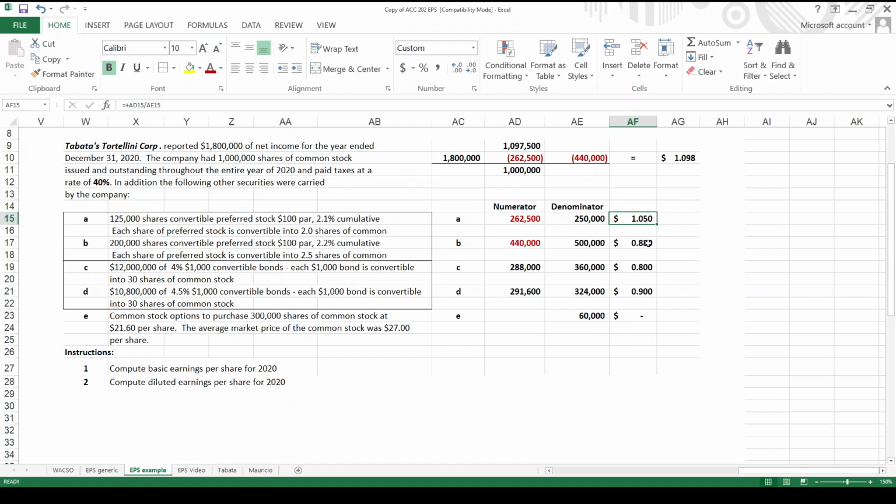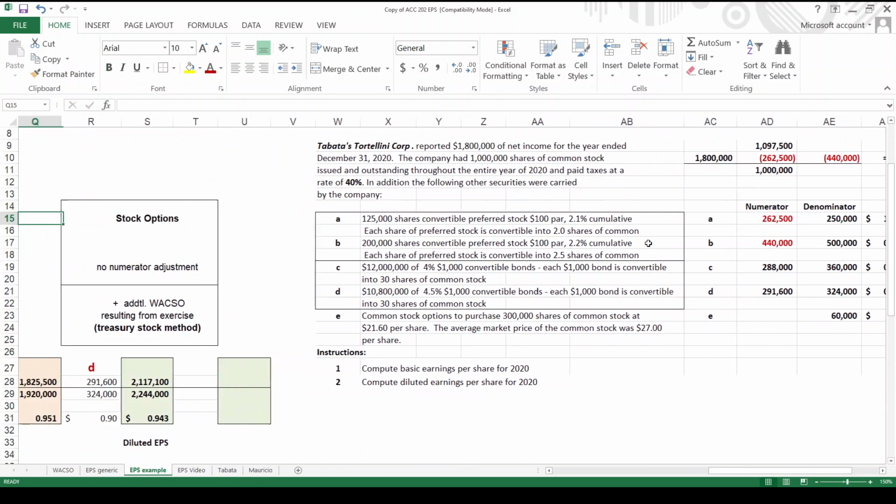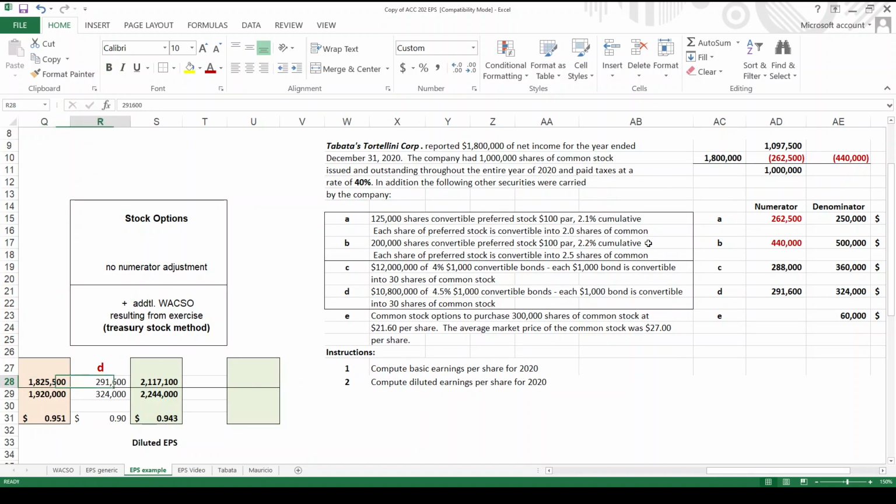By the time you get to this one here, that's just going to increase our calculation of diluted EPS if we throw that in. You say, I don't believe it. All right, let's put it in there. So this is 262.5, right? And the denominator is 250. Okay, so what was that? That comes out to the $1.05, yeah?